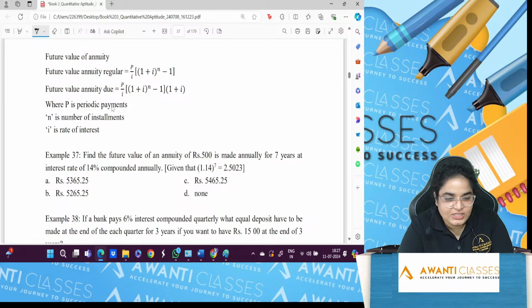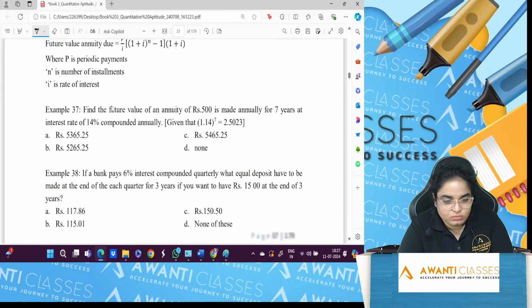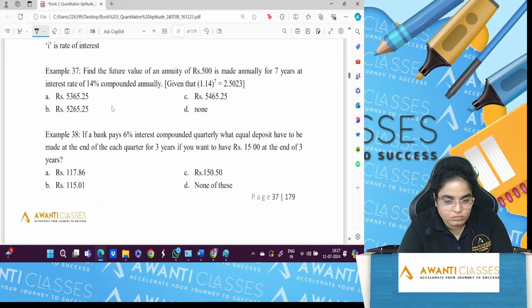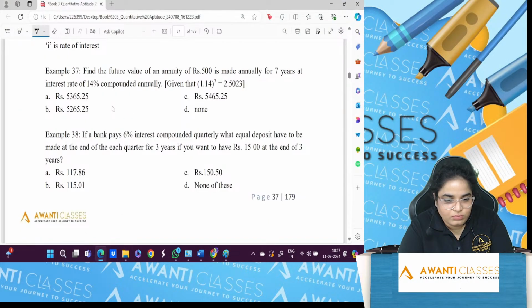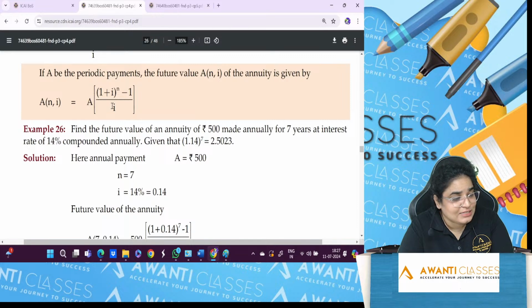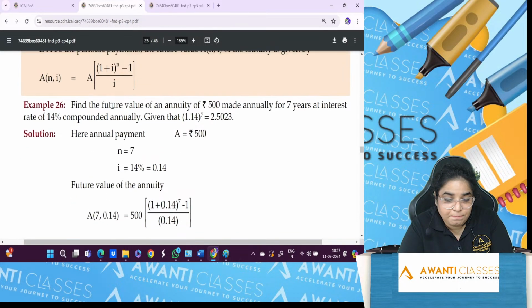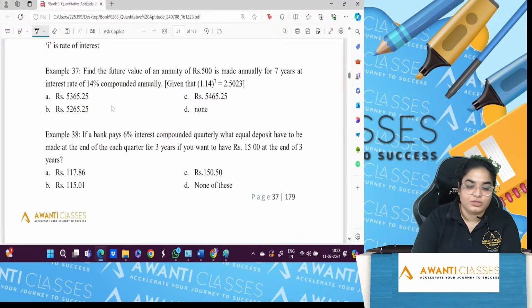Or if you want, we can simply do this one. See, it's the same question also. Example 37 is the same as example 26 here. Shall we do this? Yeah, let's do this.